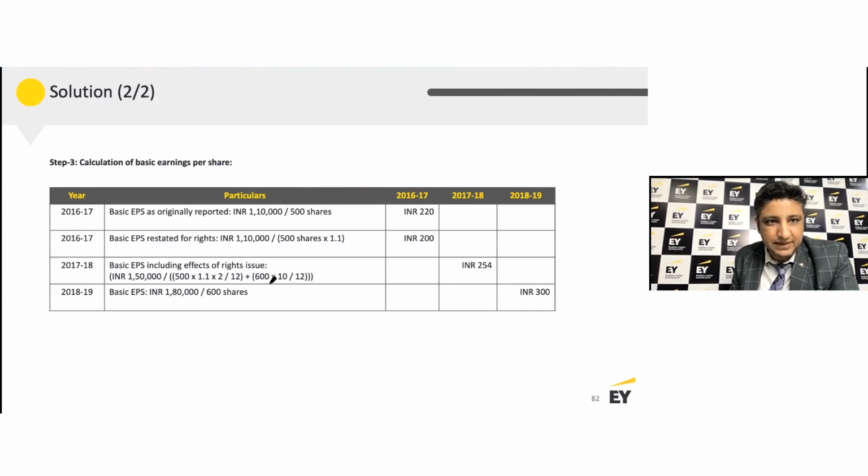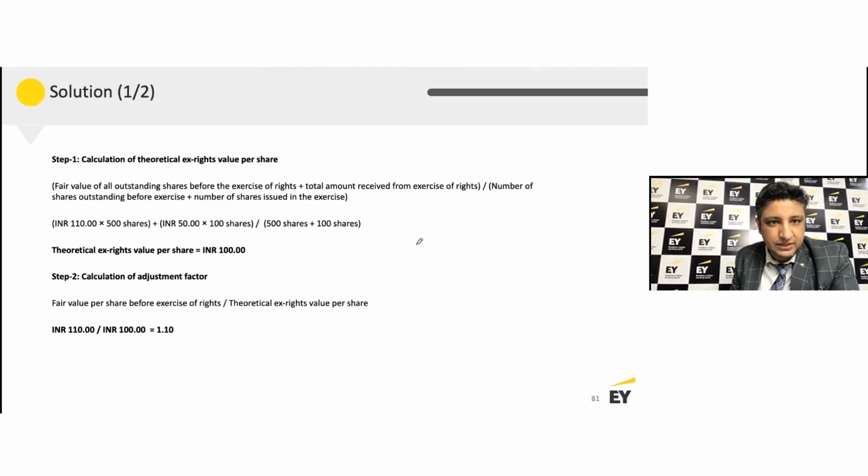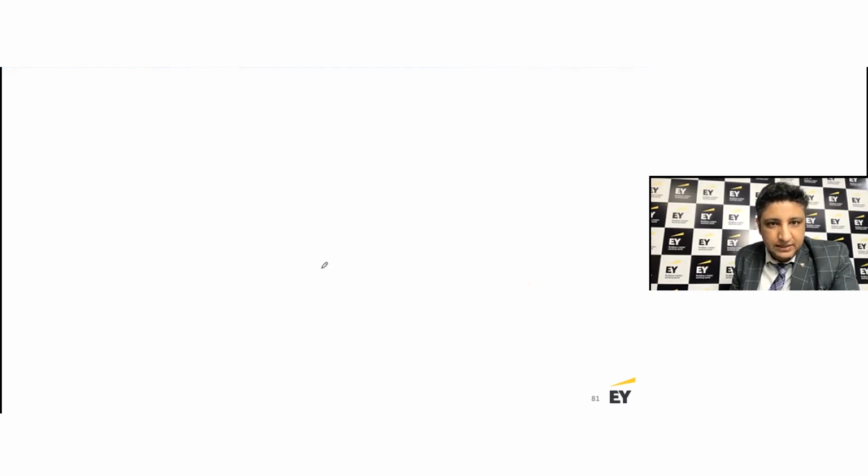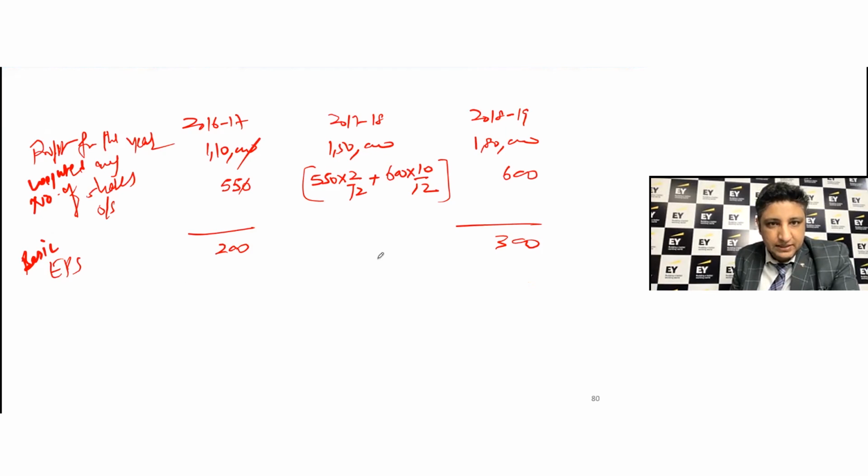This gives me an approximate number. So this is the same calculation that we have done. So we're getting the EPS of 200 for the first year, 300 for the last year, and 254. So we don't have the exact number of shares calculated, but we can simply say, using that basis, it will really take you back to the calculation. My EPS, or the basic EPS, will be measured at 254.